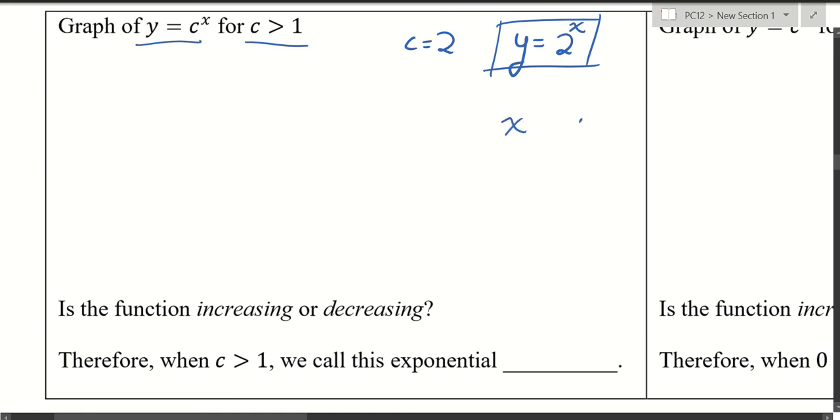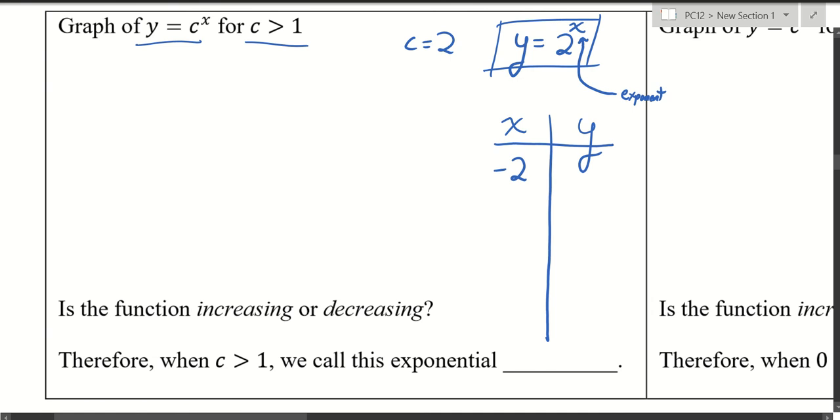Let's just do a traditional table of values here. Let's plug in a negative number as our first input. Again, a part of what defines exponential functions is that their input, x, is in the exponent.